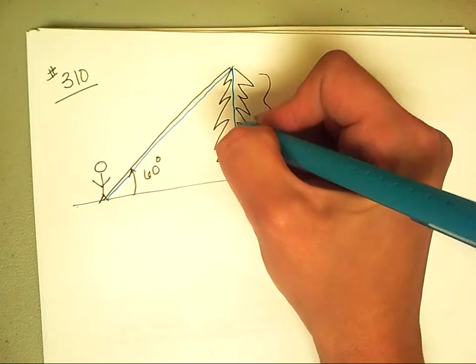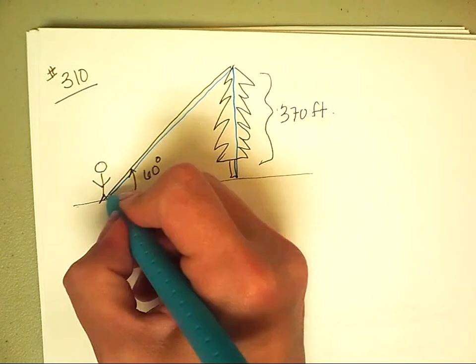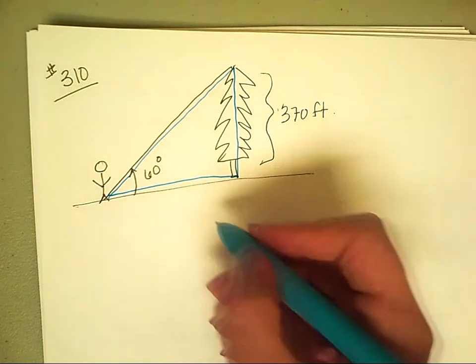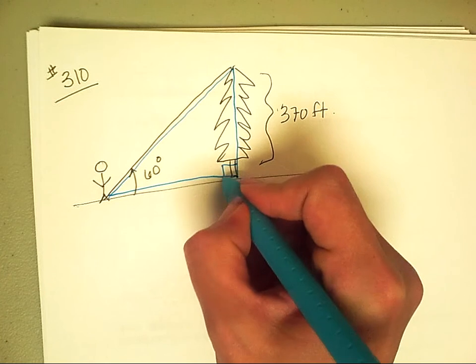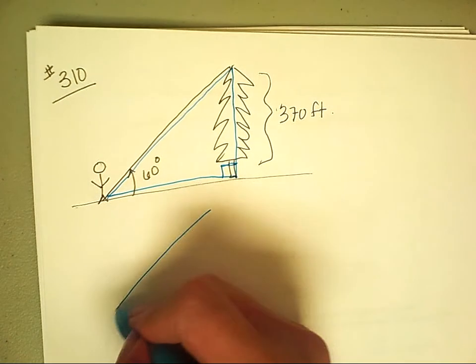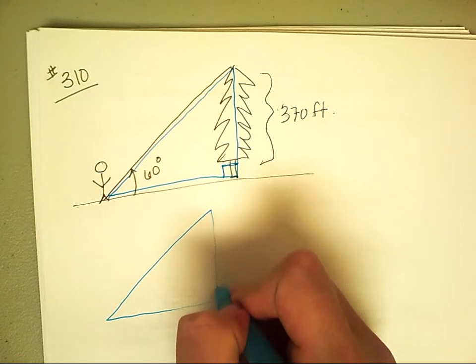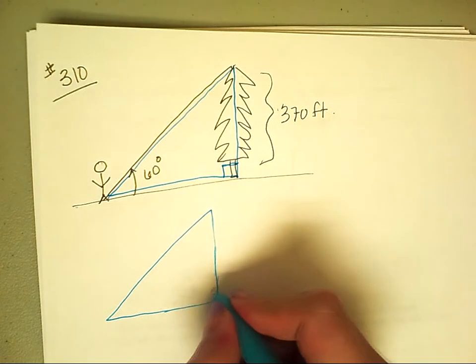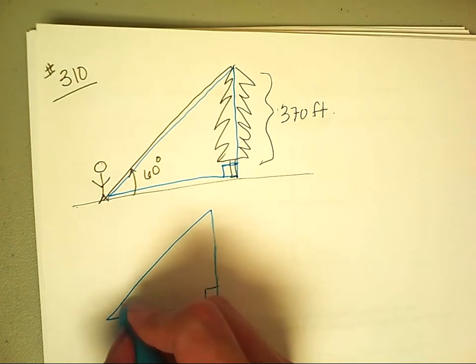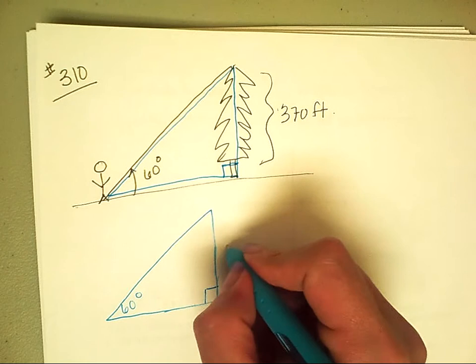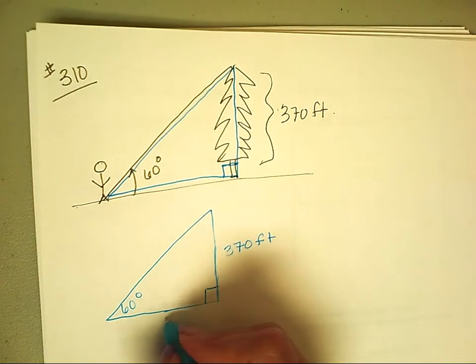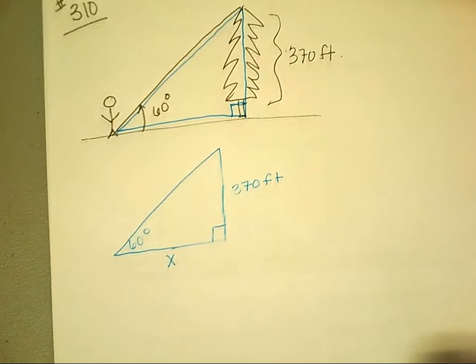So by drawing this diagram, what we have then is that there's a right triangle, because we'll assume that this tree is going vertically. Let's pull that out so we can see it. So now this is 60 degrees, and this is 370 feet, and this is our unknown distance.